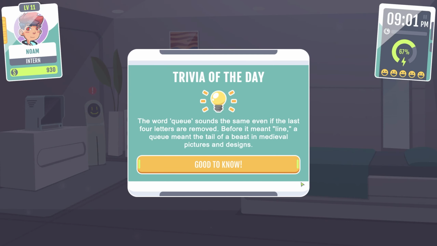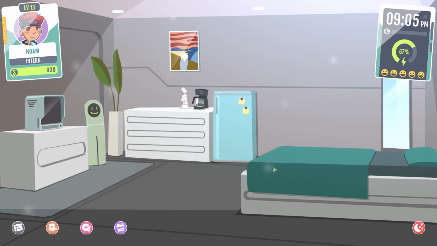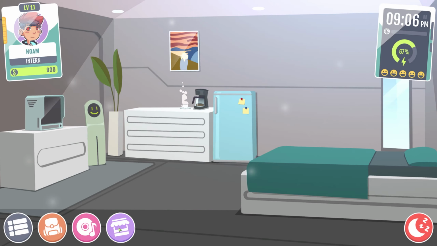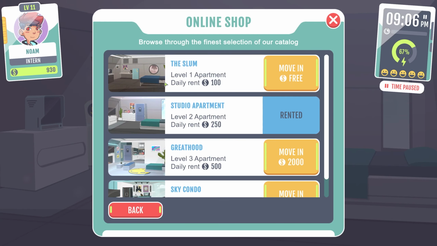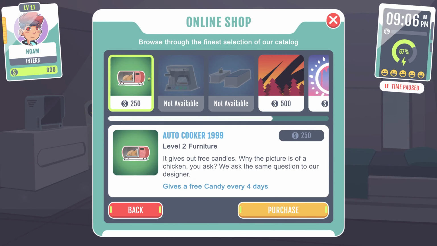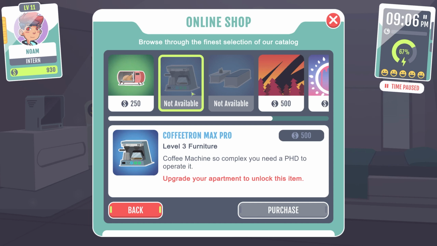Trivia of the day. The word queue sounds the same even if the last four letters are removed. Before it meant line, a queue meant the tail of a beast in medieval pictures and designs. Huh, interesting. Anything worth buying in the store right now? Just the auto cooker.